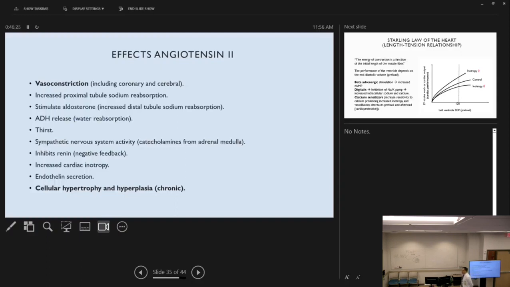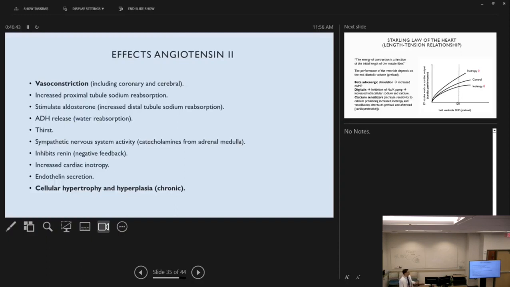It may occur in the heart, in any organ. This is a hormone that is a growth factor, and will stimulate hypertrophy and hyperplasia. We are preventing something that we call remodeling of the heart, remodeling of the different organs.